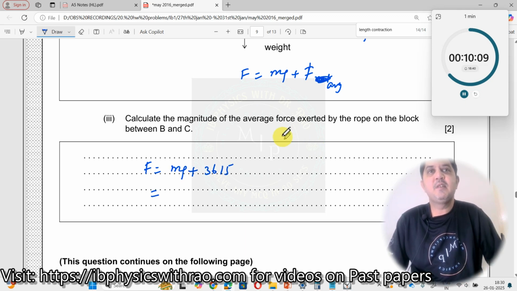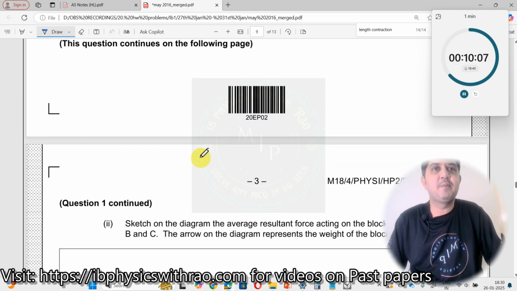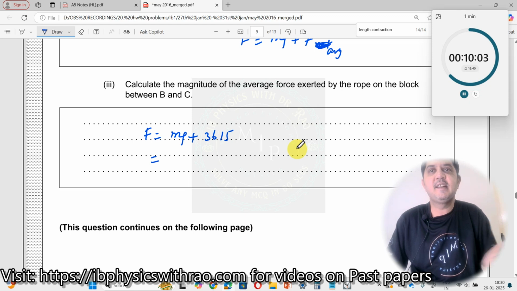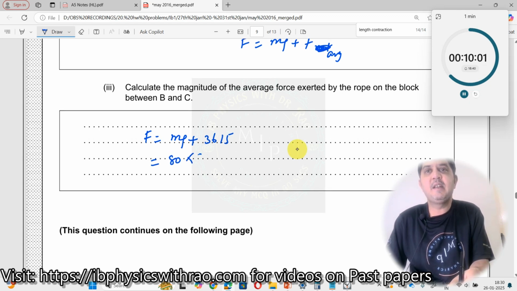What is m? Mass of the object. Where is the mass of the object? Mass of the object was given as 80. So I will write this as 80 multiplied by 9.8 plus 3615.